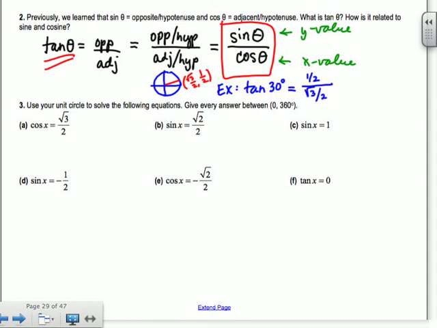And you end up simplifying that. If I have 1/2 divided by square root of 3 over 2, it's 1/2 times the reciprocal. So 1/2 times 2 over square root of 3. The 2's would cancel. You'd get 1 over the square root of 3. Oh, this is a tricky one. We don't leave it like that. What do we need to do?